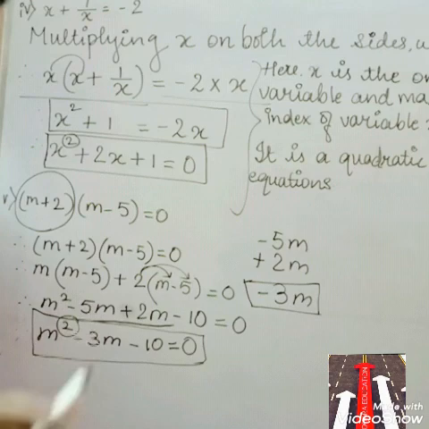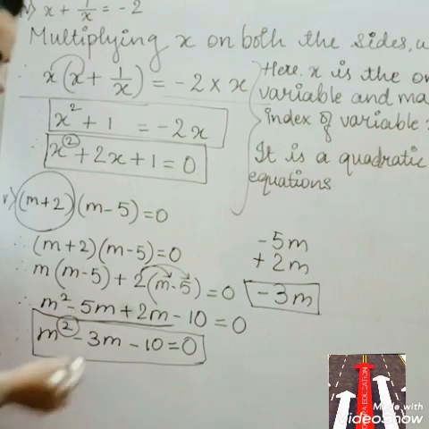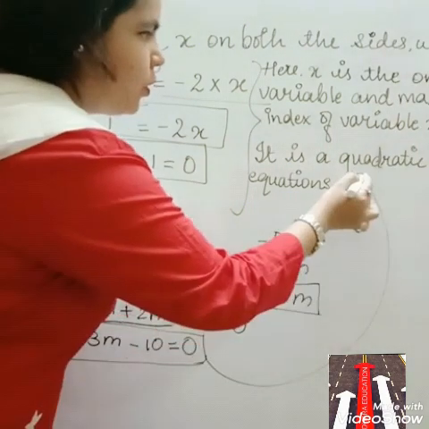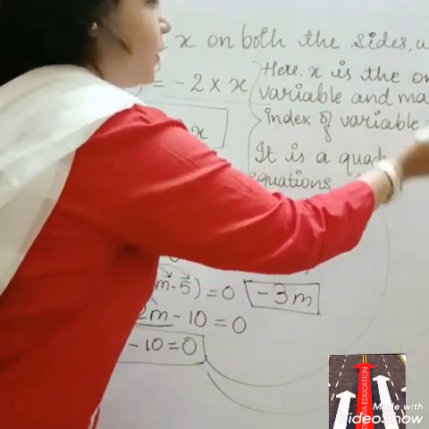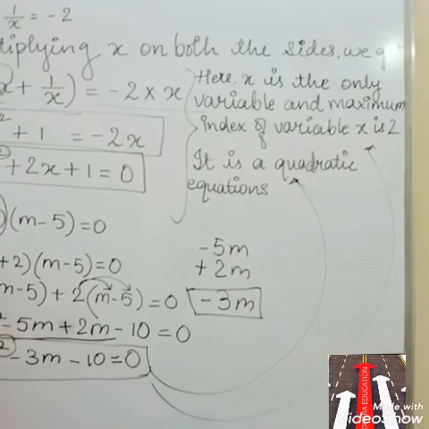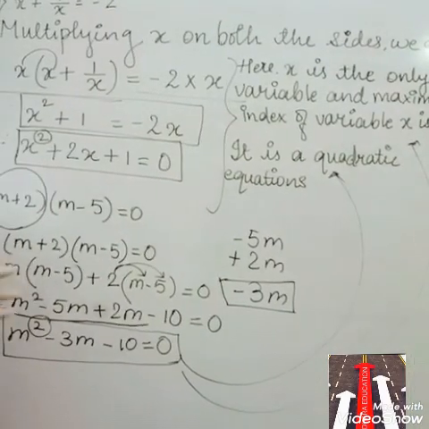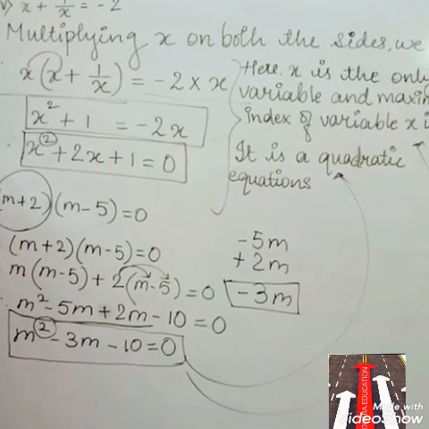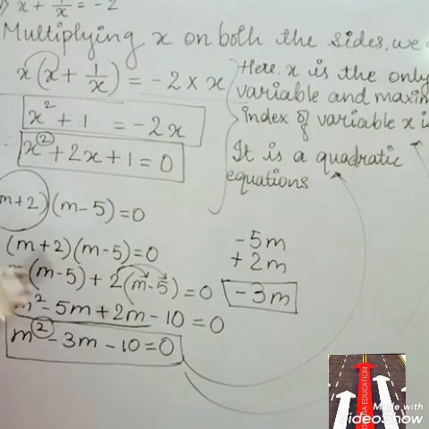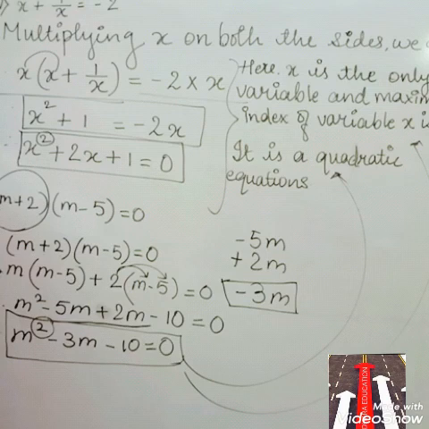Correct? So with that we can conclude that it is a quadratic equation with the explanation which is given here. As I don't have space, that's why I couldn't write here. So this is all about textbook page number 34, identification of quadratic equations.